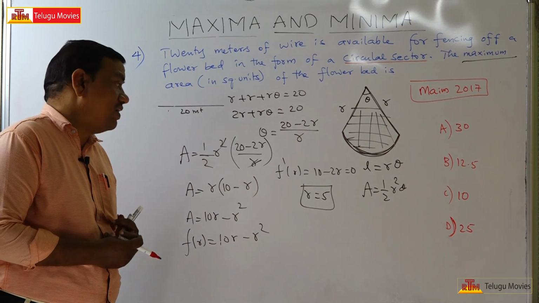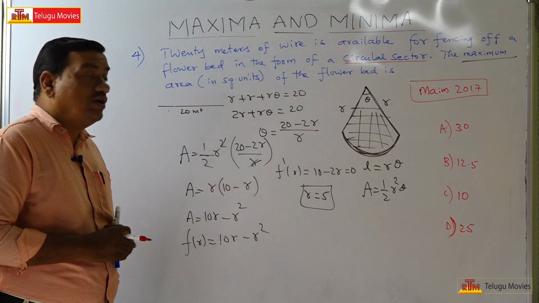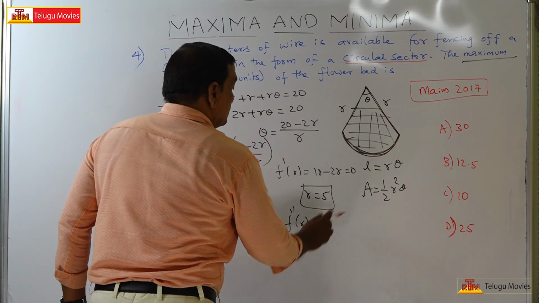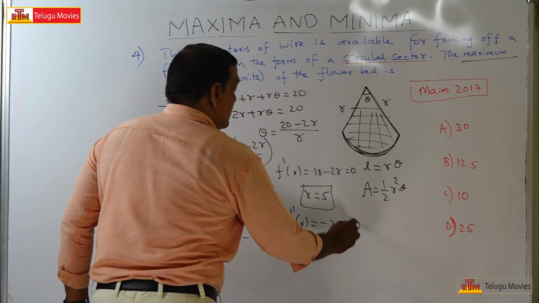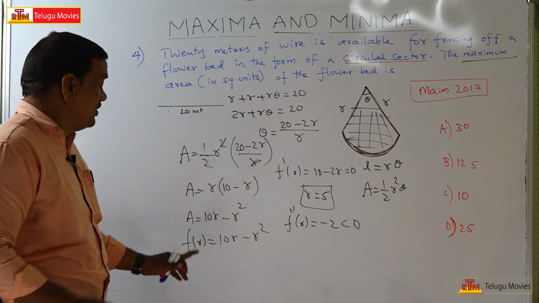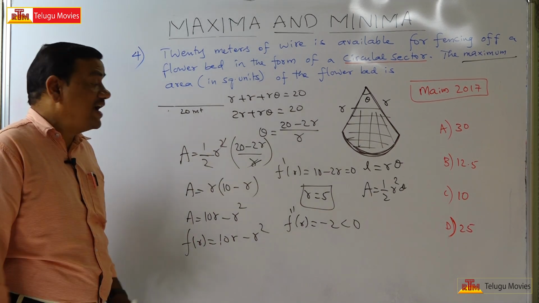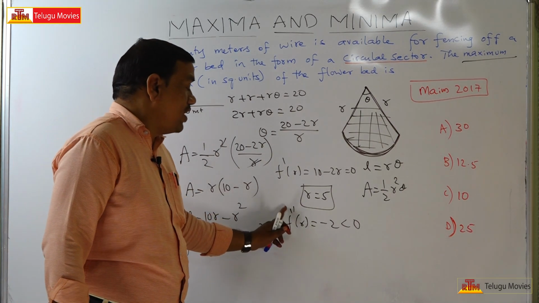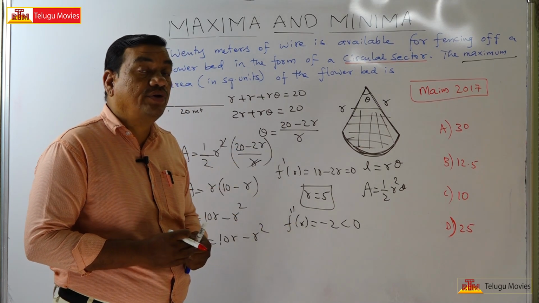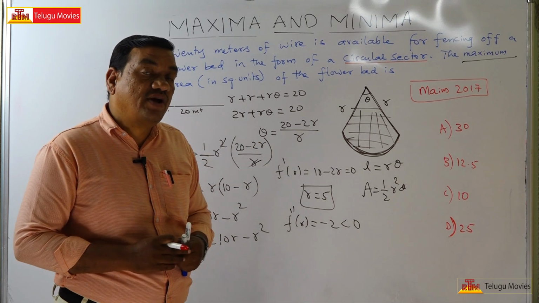For that, you have to find f double dash of r, which is equal to minus 2, which is always less than 0. Therefore, at r is equal to 5, the function f of r is maximum. I already explained why f double dash of r has to be less than 0 in my previous video, just 4 or 5 days back.